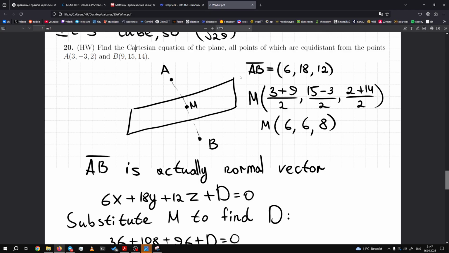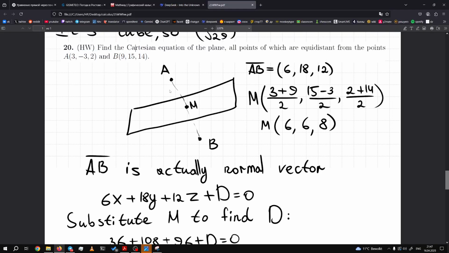So, okay, you can find vector AB by 2 points. And what is M? M is the middle point, and it's actually x1 plus x2 divided by 2, y1 plus y2 divided by 2, and the same situation with z. So you find M, this point, which belongs to our plane.